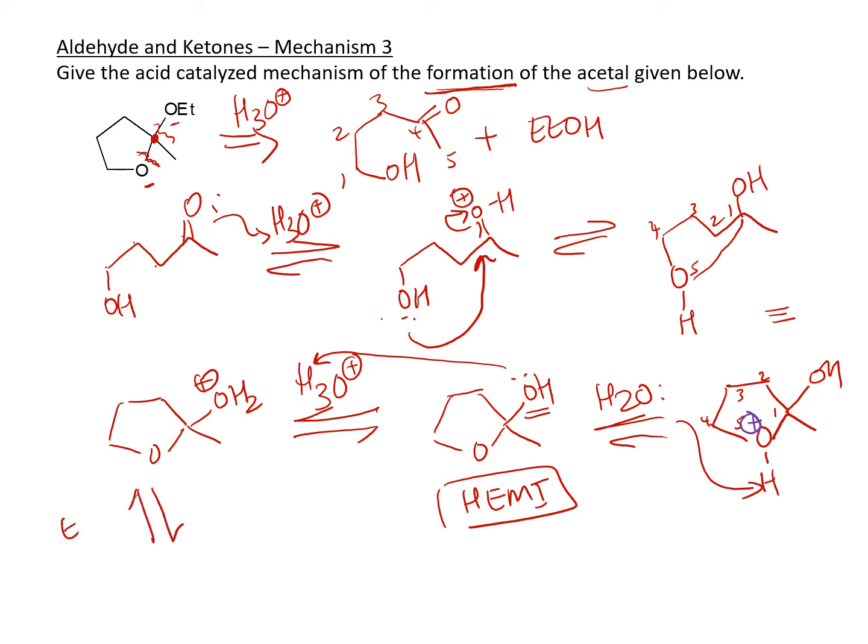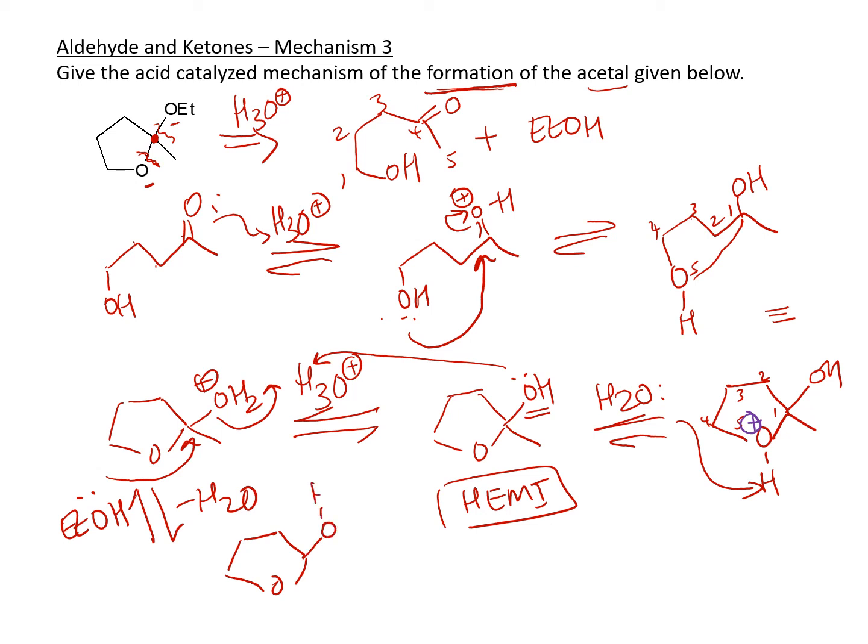Now I need my ethanol, and this is the SN2 part of the mechanism. You don't really have to say a back attack or anything like that, although you understand the SN2 is back attack, but nobody's looking at that. The main thing is that you don't form the carbocation. That's the important thing. Minus H2O. I like to write my minus H2O every time, because it gives me the sense that I removed the water.